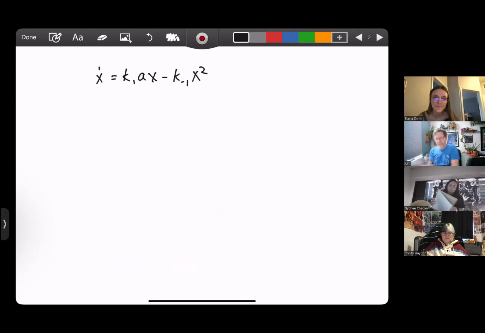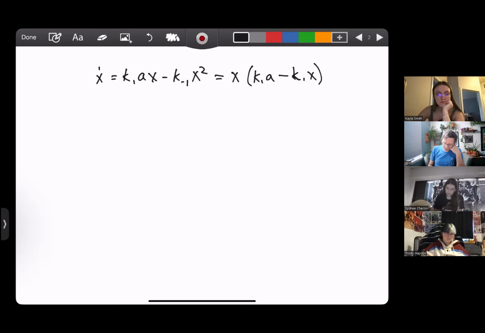But your approach sounds right on. So yeah, pull out that x, so a 0 at x equals 0 and then a 0 when this equals 0. So that would be k1a over k minus 1. I think that's exactly what you said.